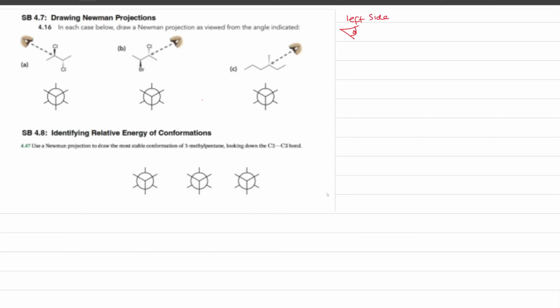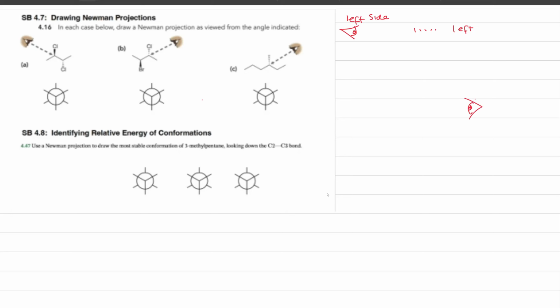So when the eye is on the left side, anything on the dash will be on the left. So the dash goes with the side of the eye, basically. When the eye is placed on the right, so these are the rules that will help you greatly.